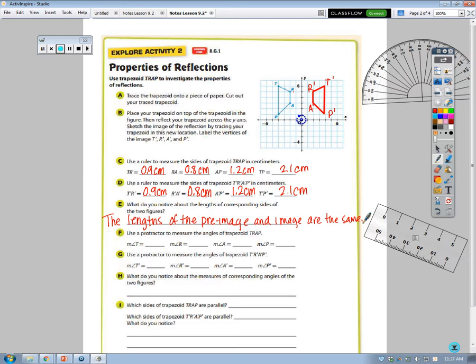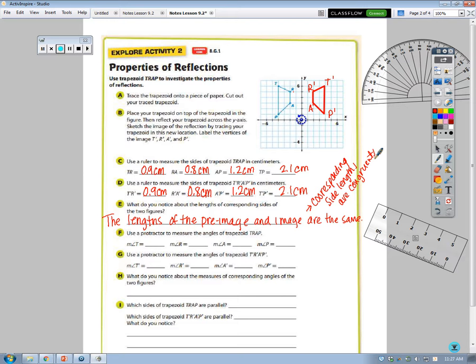Okay, so side lengths are the same, side lengths corresponding, side lengths are congruent. So I'm just going to put that over here as a little tangent. And remember that congruent means same size, same shape.